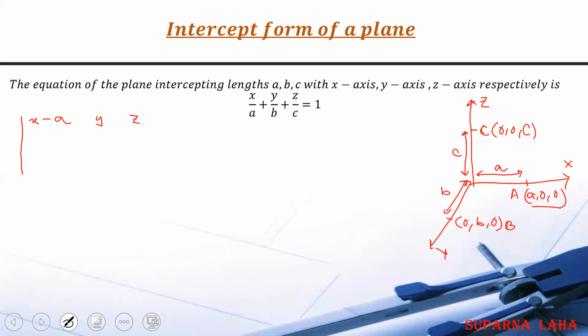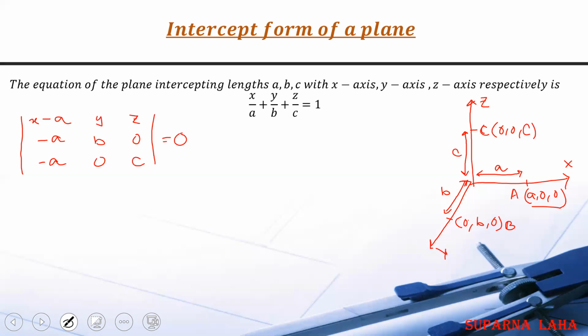Again 0 minus a, that is minus a, b minus 0, that is b, and 0 minus 0, that is 0. Again 0 minus a, 0 minus 0, and c minus 0. So this is equal to 0. That will represent the equation of the plane passing through 3 points A, B and C.